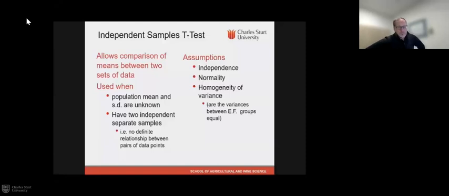And we're also assuming that the variance is the same between those two populations, that the variance is homogeneous. When we go into Excel and look at that, we'll have an option of selecting a t-test assuming equal variance, assuming unequal variance, and there's another one I can't think of off the top of my head.